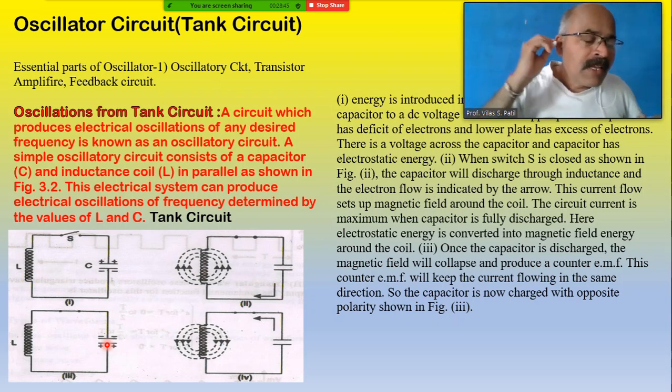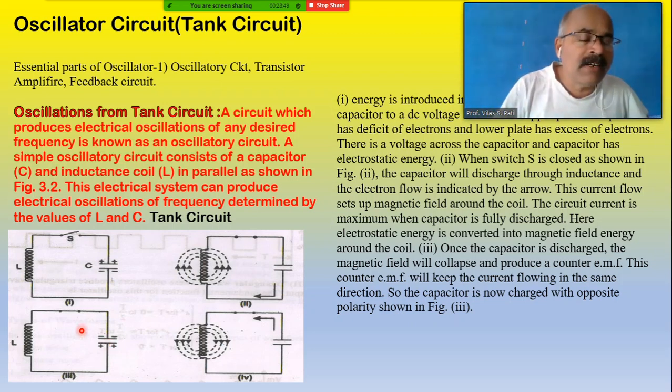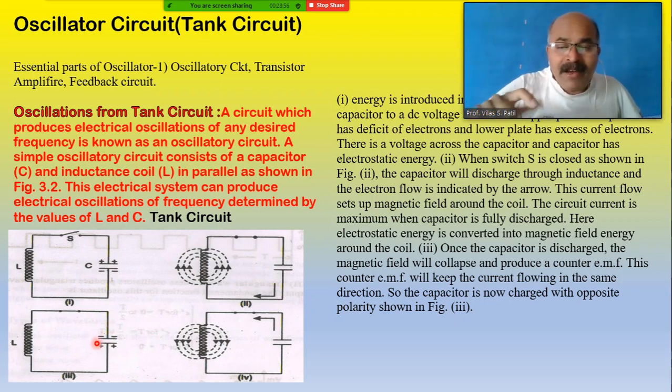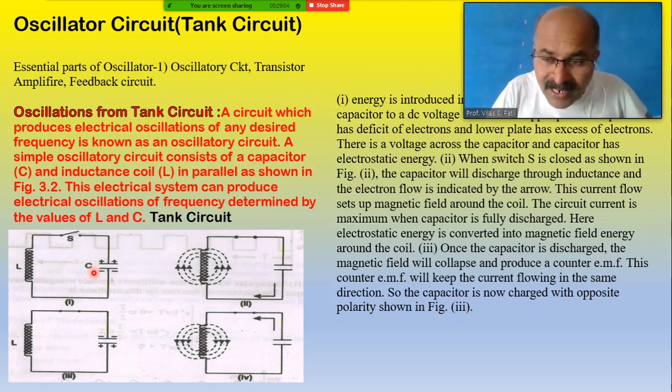Okay, friends. As shown in the third diagram, the polarity of the charge becomes inverted. It means in the first the upper plate is positively charged and the lower plate is negatively charged.